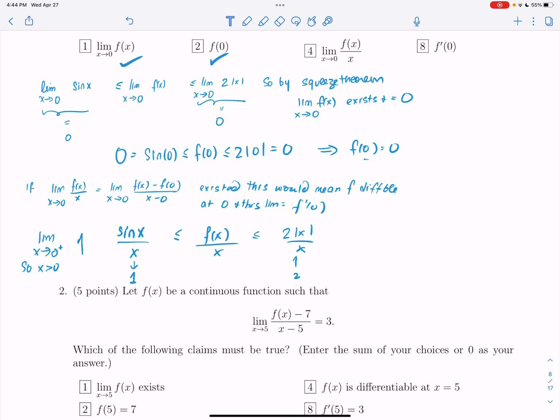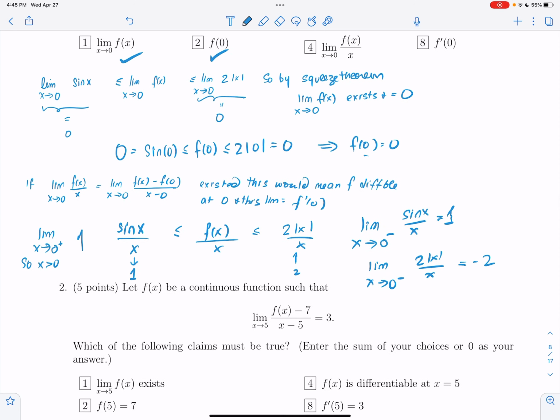Now suppose we were looking at the limit as x approaches 0 from the left. Sine x over x, we know that is 1. How about the limit as x approaches 0 from the left of 2 absolute value of x over x? What is this? The absolute value of x is negative x, and this would be minus 2.